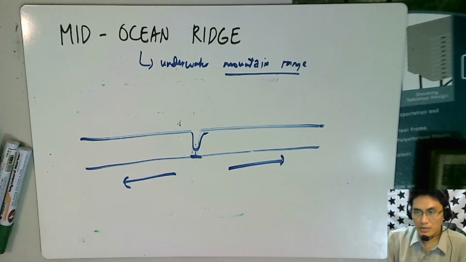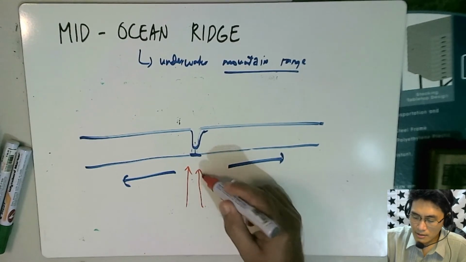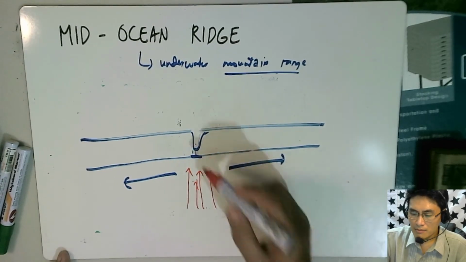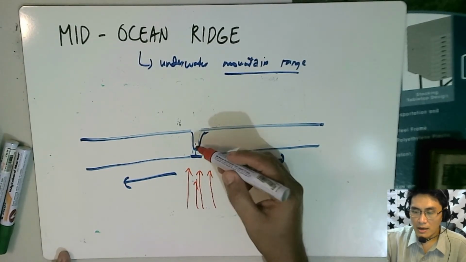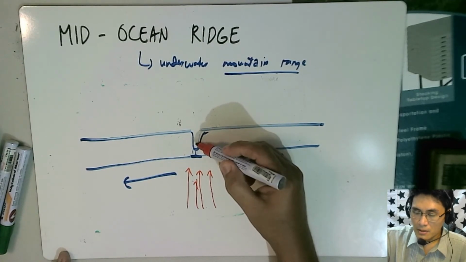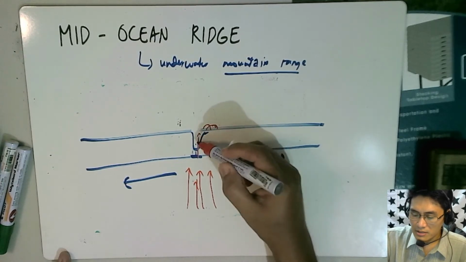The second part of the explanation is, of course, it's a crack, and magma upwells in that area. So when magma comes out here, you could imagine that it would be deposited at the sides, right?